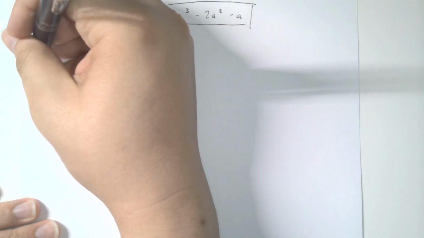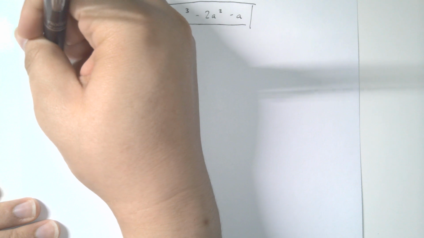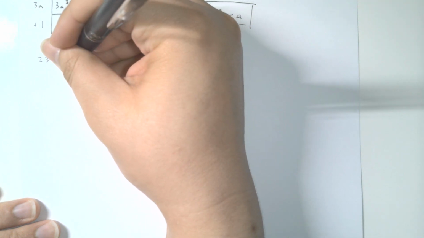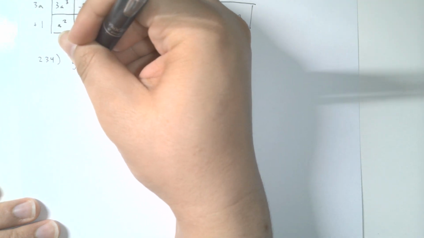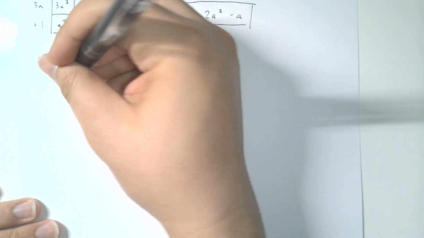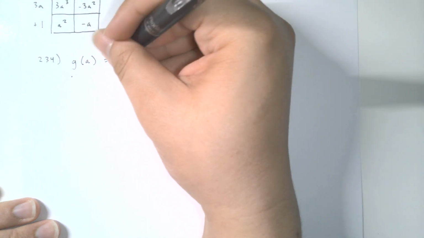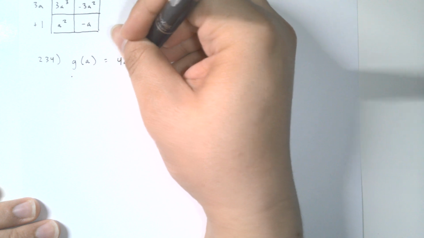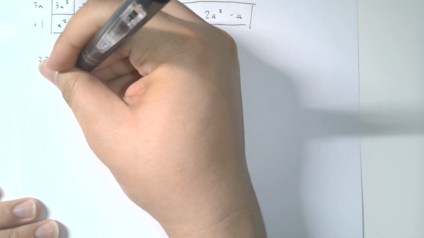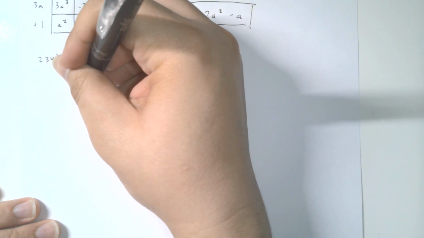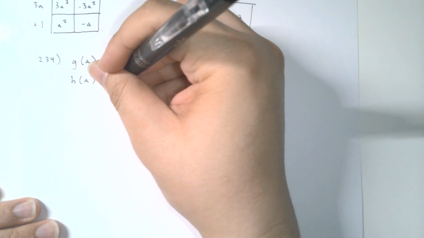Let's look at number 234. For number 234, we have g of a times h of a. G of a is 4a plus 2, and h of a is negative 4a plus 1.